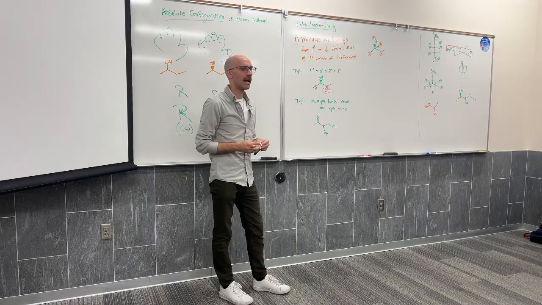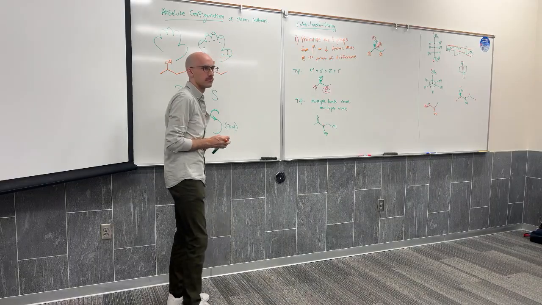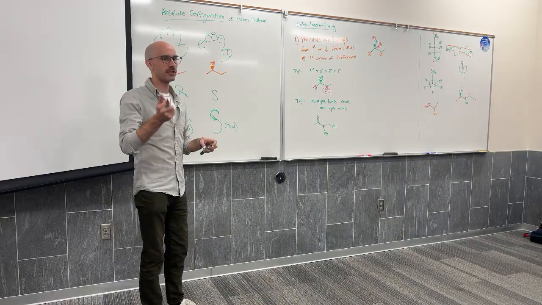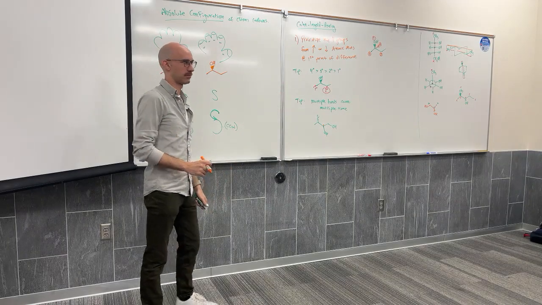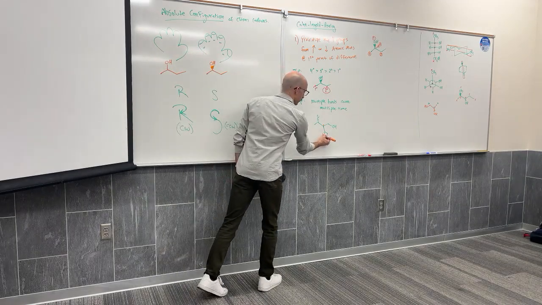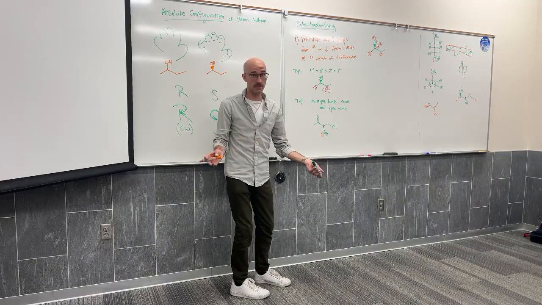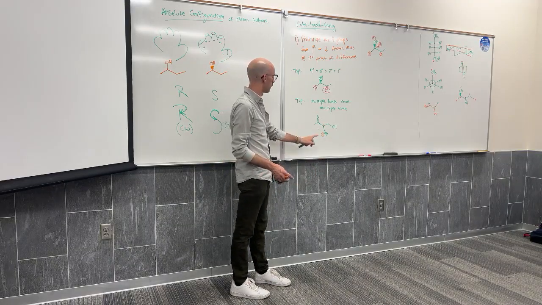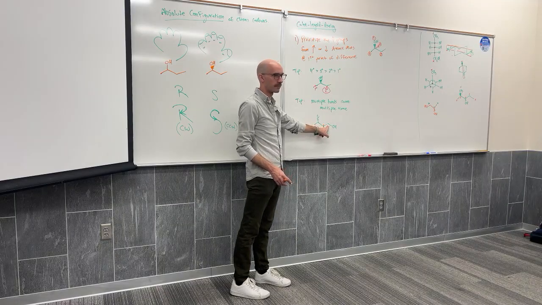What's the first priority group? It's bonded to oxygen, carbon, carbon, and hydrogen. Oxygen takes first priority. Hydrogen takes last priority. Hydrogen takes fourth. And then I've got carbon, carbon. No point of difference.